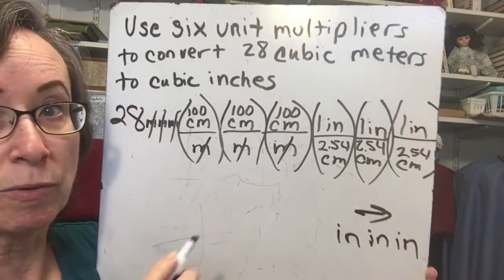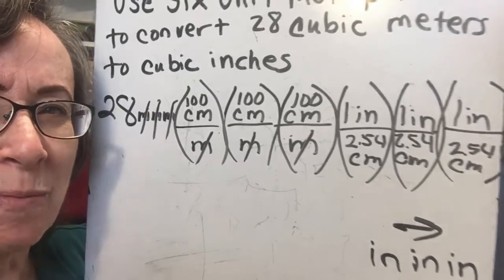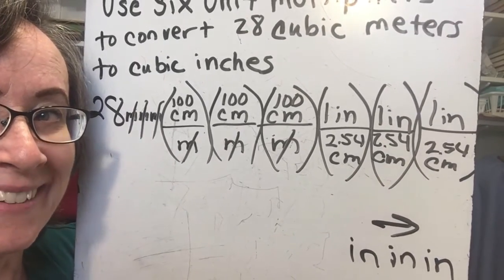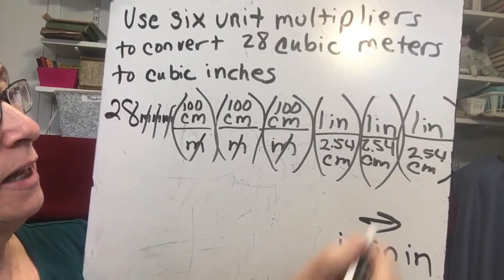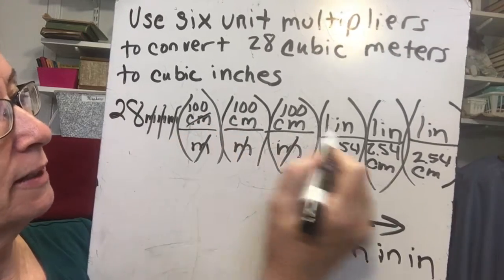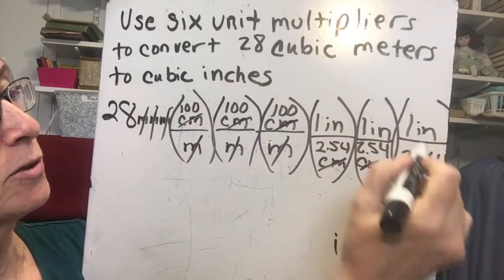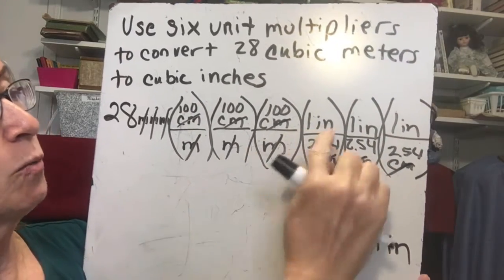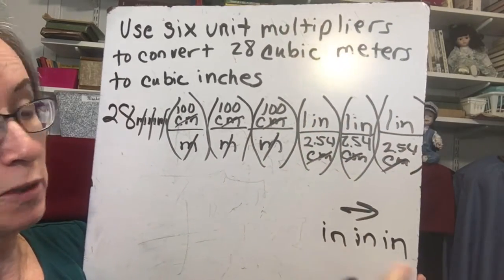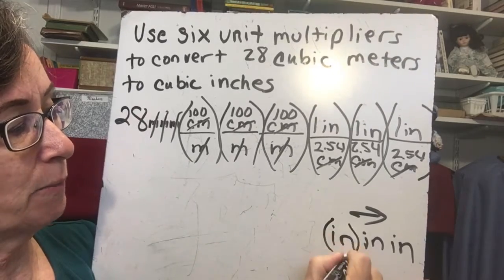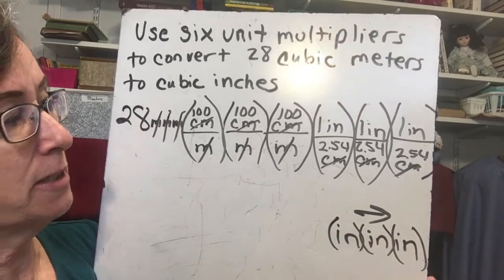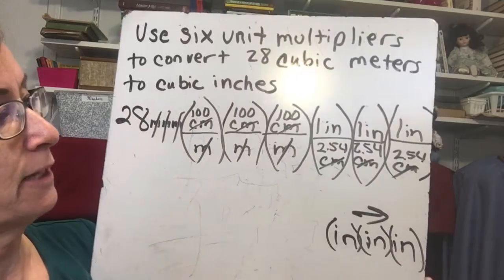I think I deserve a reward for getting all of that somewhat legibly written in there. Okay, so now our centimeters cancels our centimeters on top, centimeters on bottom, centimeters on top, centimeters on the bottom. We're left with inches, inches, inches, which is what we wanted, because that's what they told us.